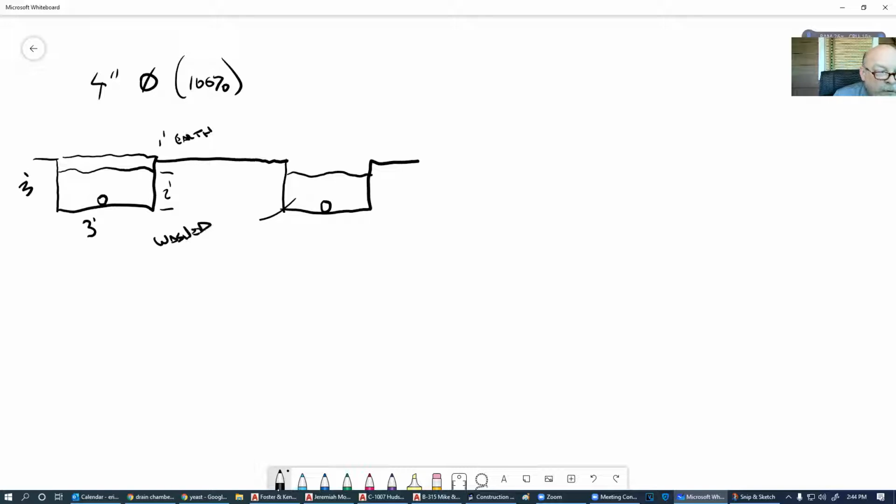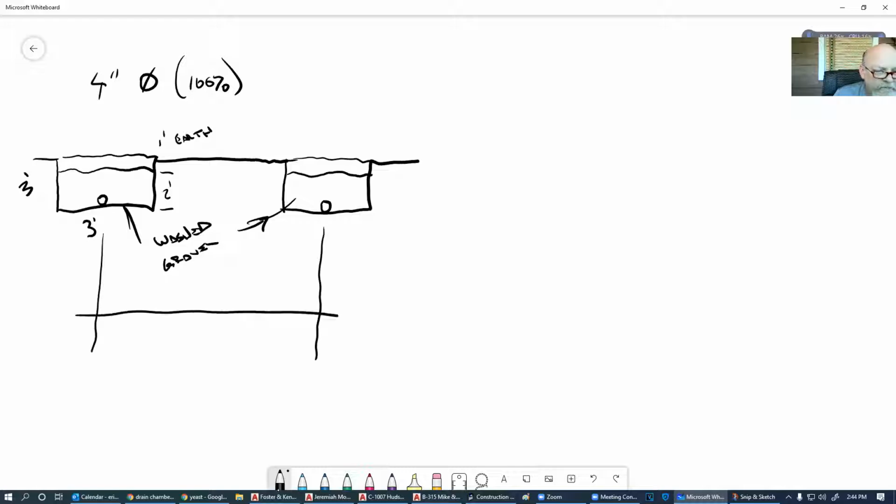You've heard me say that before. Washed gravel, and then you can put 1 foot of earth on top of that. Again, 3 by 3, and they can be no closer than 9 feet.